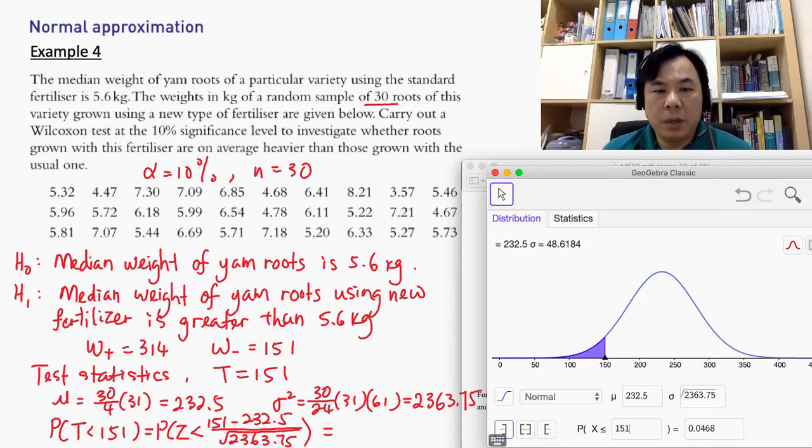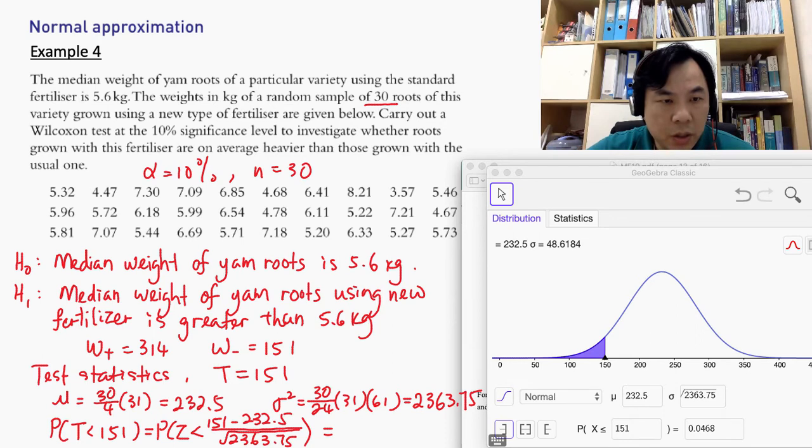The continuity correction that needs to be performed gives 151.5 here. So I should actually include 151.5, and therefore there should also be 0.5 here. Then you'll be able to obtain the value correctly.